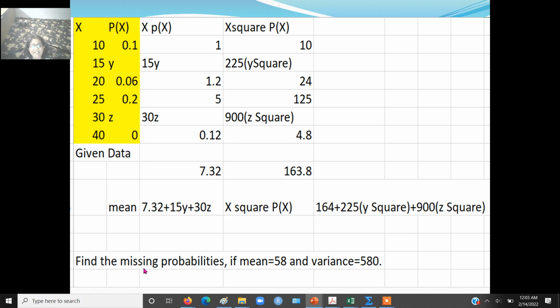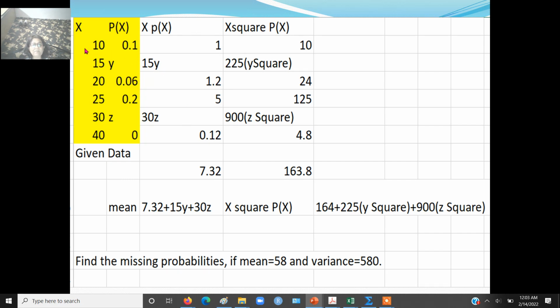The question is, find the missing probabilities if the mean is equal to 58 and the variance is equal to 580. So you have to make use of this given information to calculate these missing probabilities. How can you do it? The mean is equal to the sum of the column xp(x). If you construct the column xp(x), that will be 10 multiplied by 0.1, which is 1, 15 multiplied by y, which is 15y, and so on.